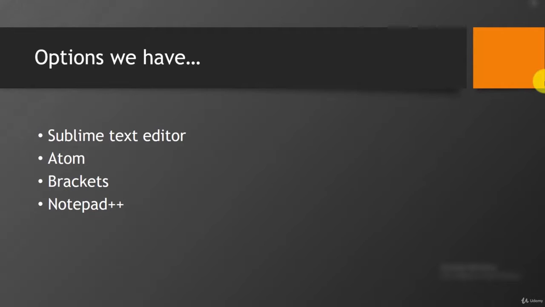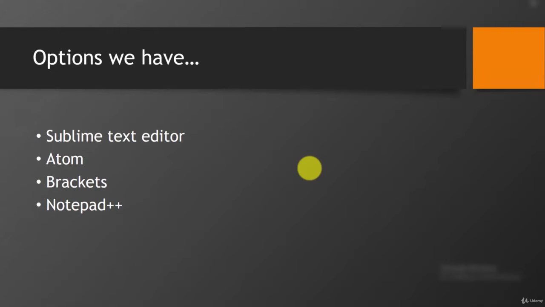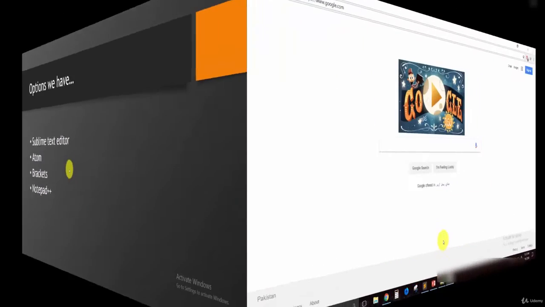If you want to go for Atom or Notepad++, you can download all of them for free from the internet. However, Sublime Text Editor is not free, although you can use its trial version until you purchase the full version. So let's learn how to download Sublime Text Editor.